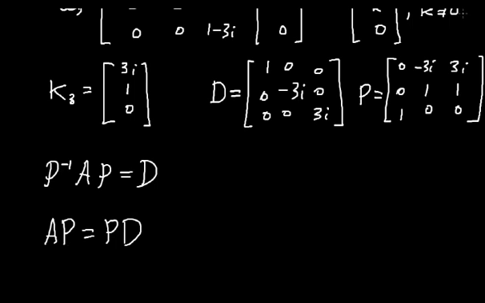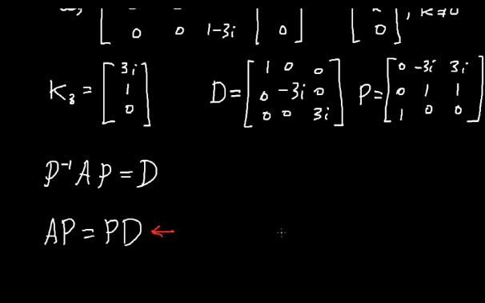So I just need to check this equality holds. The only thing is that I have to make sure that the matrix P is invertible. But that can be done by checking that its columns are linearly independent. However, as we said, if we have 3 different eigenvalues, that will automatically be so we wouldn't have to check that part.